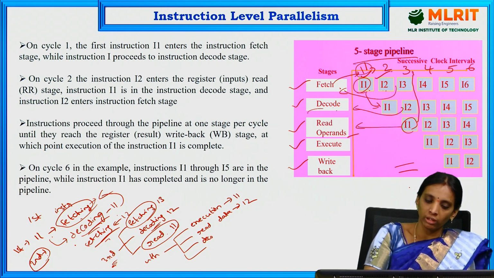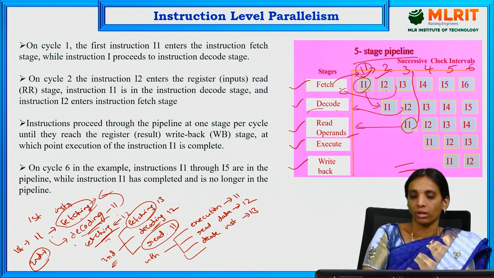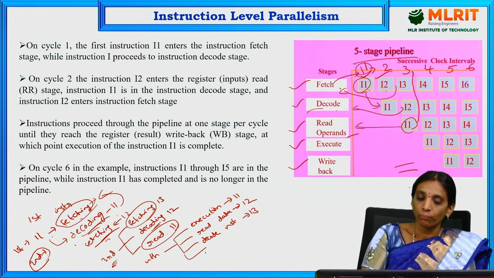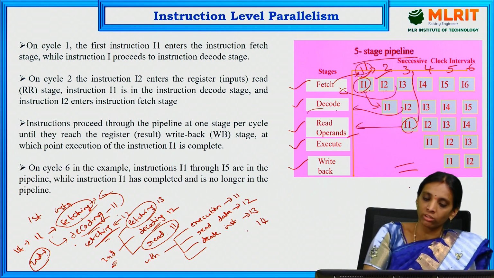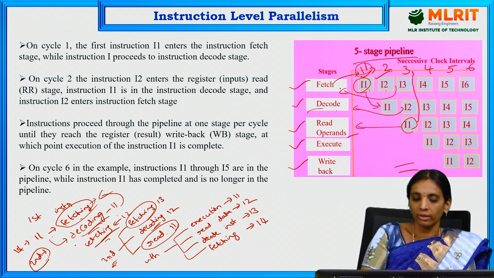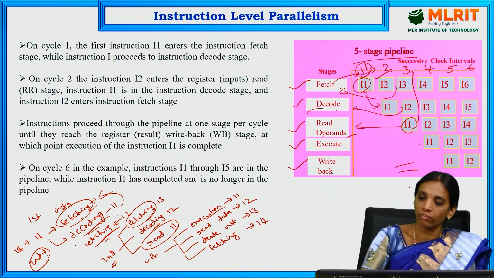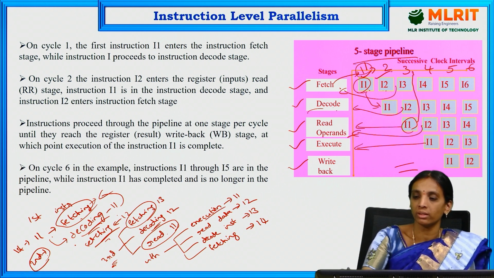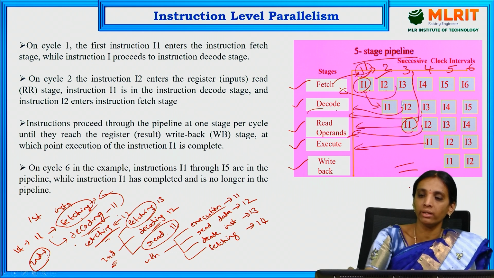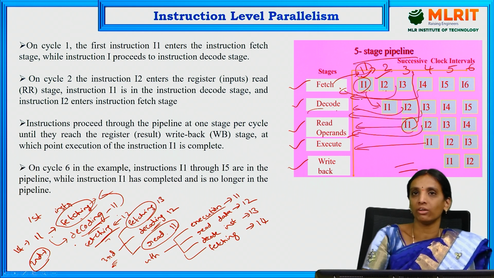And for the next instruction, the 14th, we do the fetching. In this way, in the fourth clock cycle, four simultaneous operations occur in pipelining.